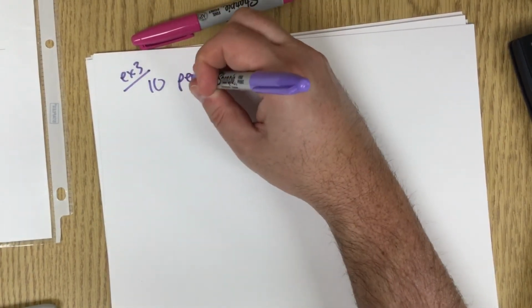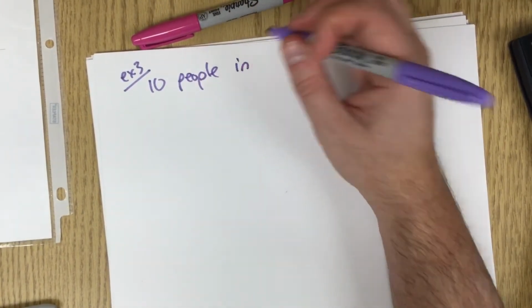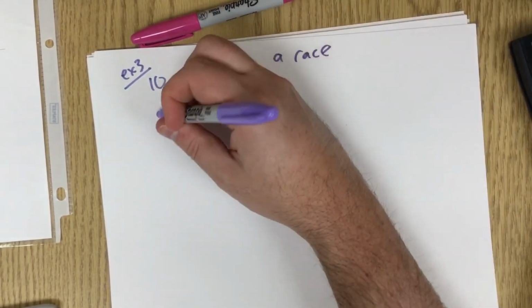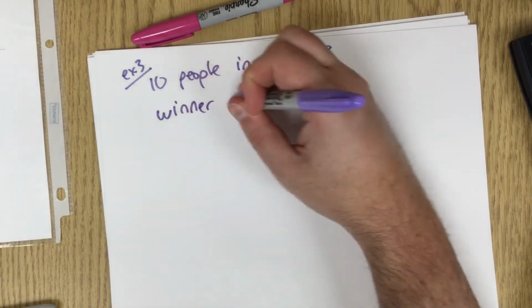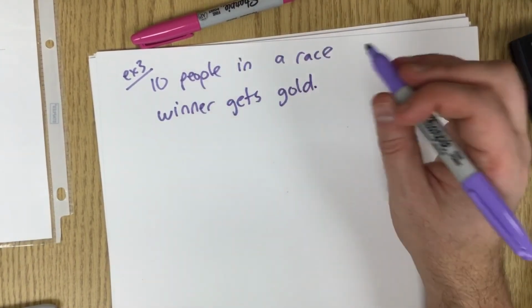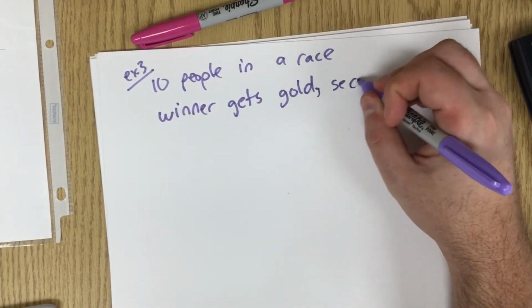So 10 people in a race still. Winner gets gold. Second place gets silver.